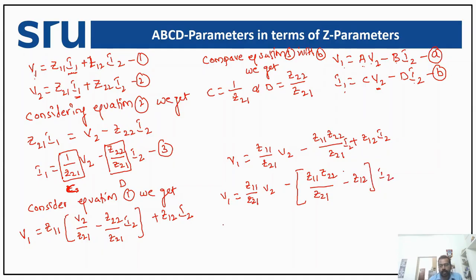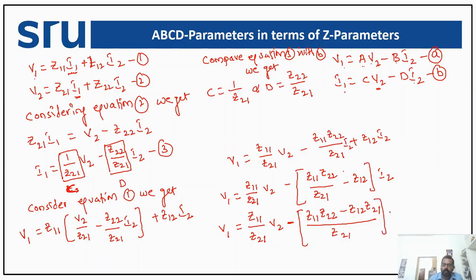So we can write V1 is equal to Z11 by Z21 V2 minus Z11 Z22 minus Z12 Z21 divided by Z21 into I2.